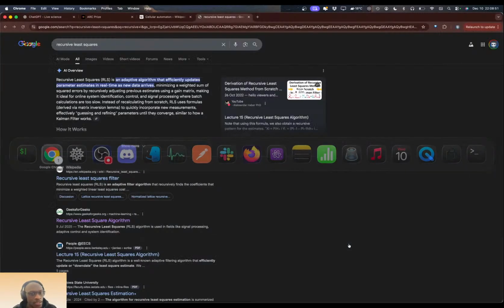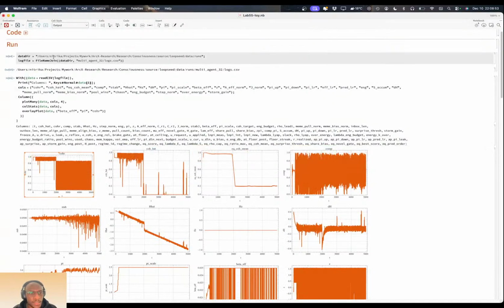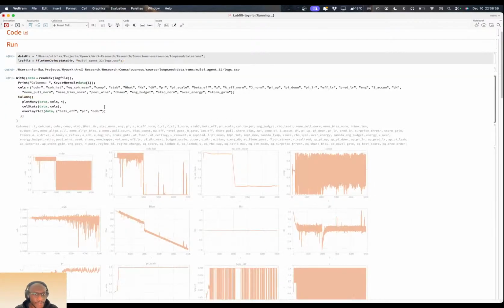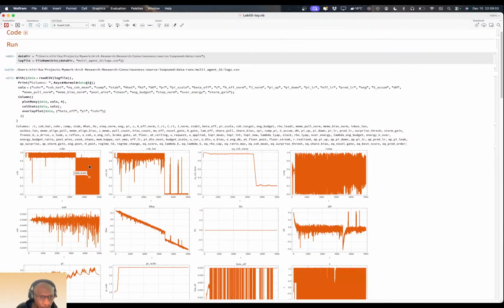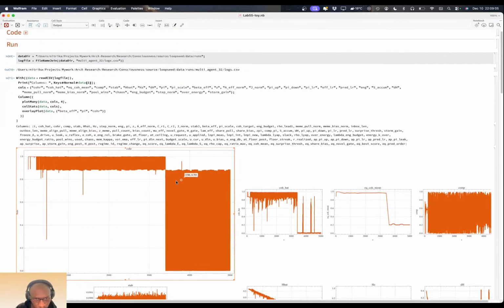Okay, so what's Mathematica saying here? 32 logs. And we're interested in coherent. Yeah, it fails. The steps are ahead. It's not at 2000.